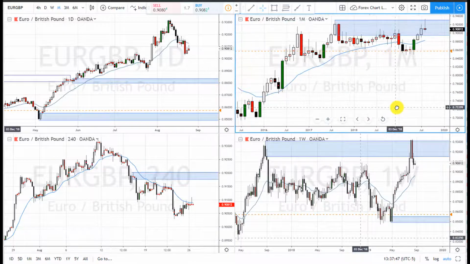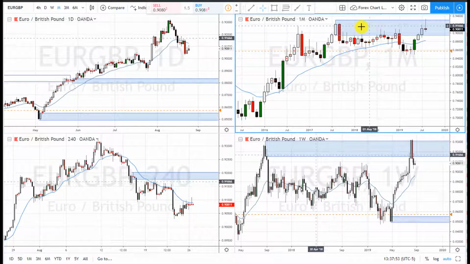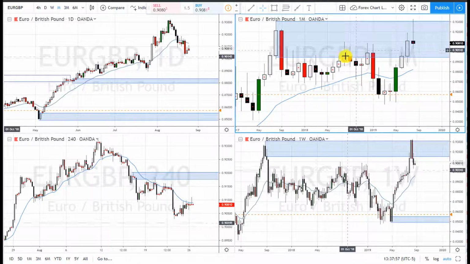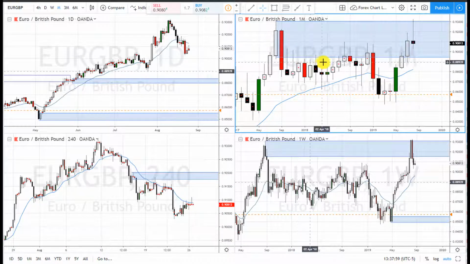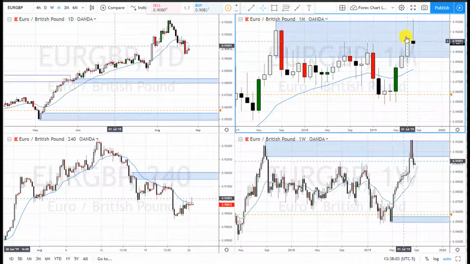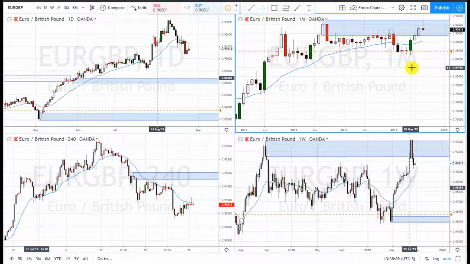On the monthly, there's a level of supply that's not really strong, but it's a level of supply regardless that's been keeping price down. Price kept touching it, eventually penetrated deeper and deeper, and eventually broke this monthly area of supply.